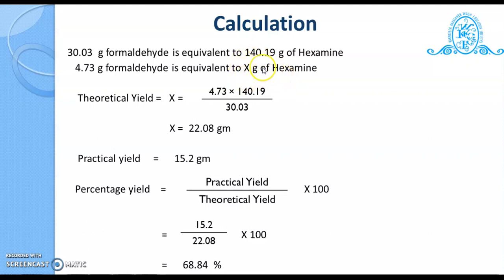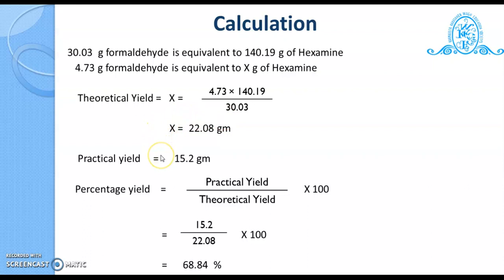Here X we considered as the theoretical yield. So X is equal to 4.73 into 140.19 divided by 30.03. So X is equal to 22.08 gram, which is our theoretical yield.